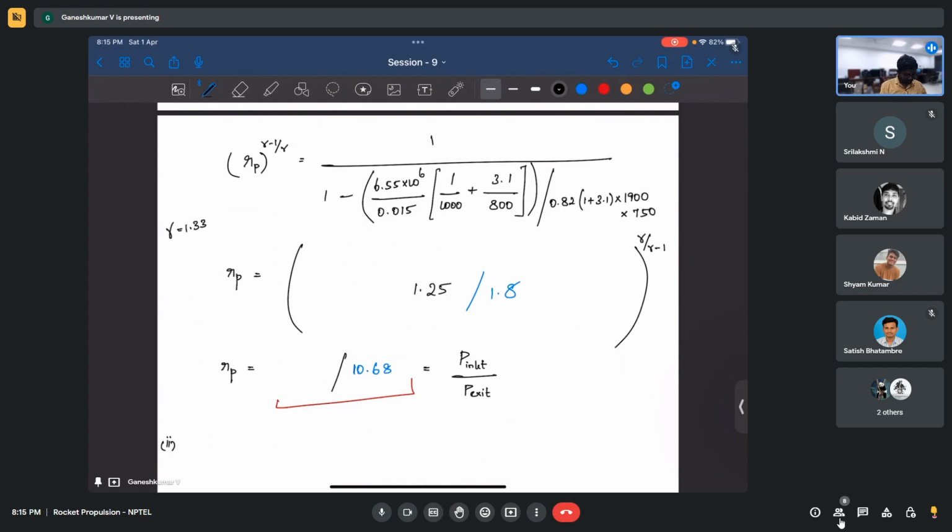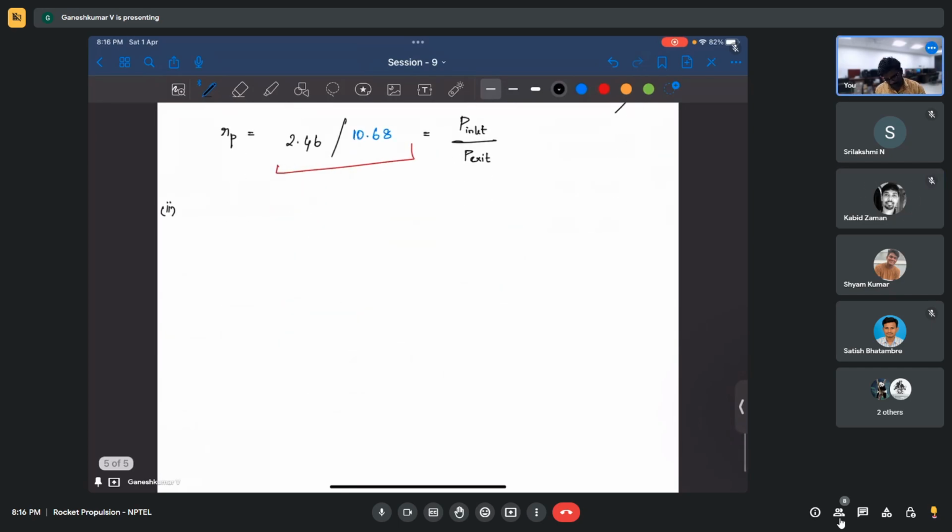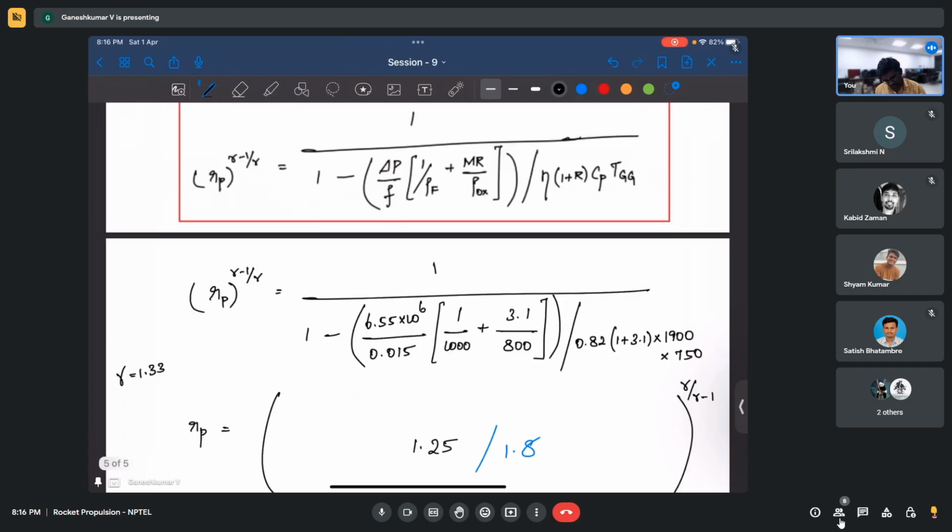You got 1.25, right? 1.25 power 0.3. You are getting 2.45. Okay, it looks like it's too less. Do check the calculation once. Okay, I'm getting 1.8. I calculated. You can check it again. Anyway, this is how you need to find the pressure ratio.